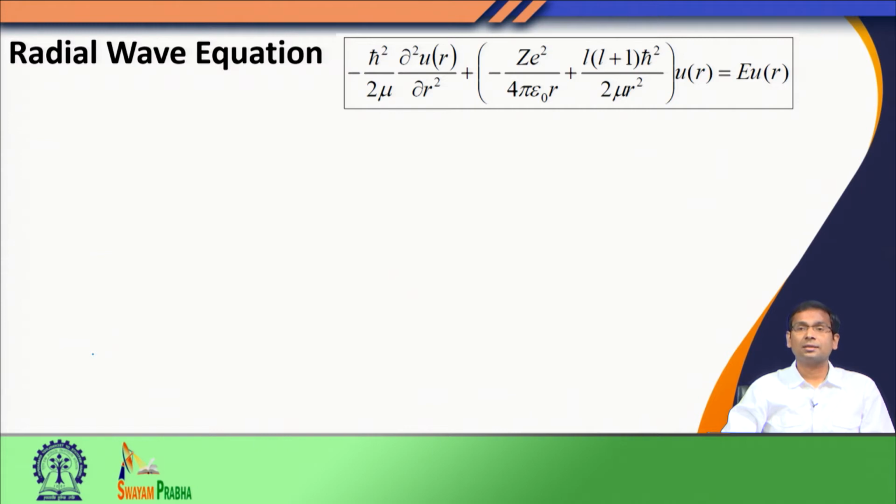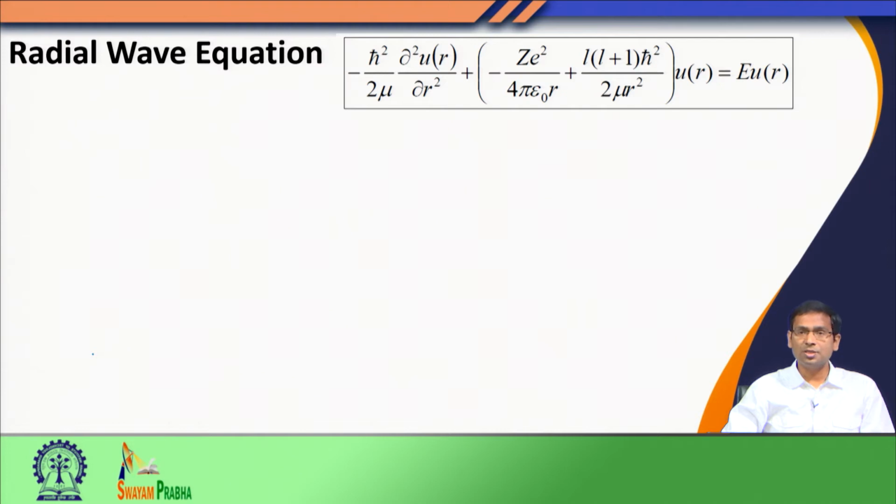We said that the eigenfunction of this hydrogen atom would depend on r, theta and phi, all three coordinates of the spherical coordinates, and then we said let the eigenfunction be a product of a radial function and an angular function.